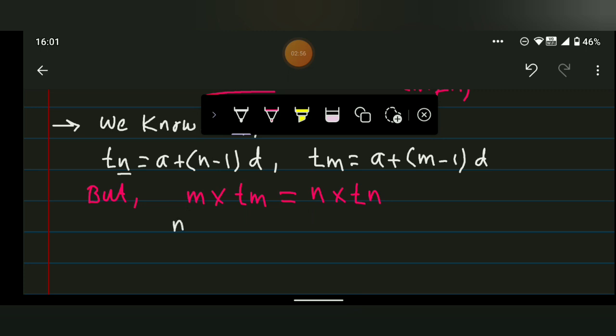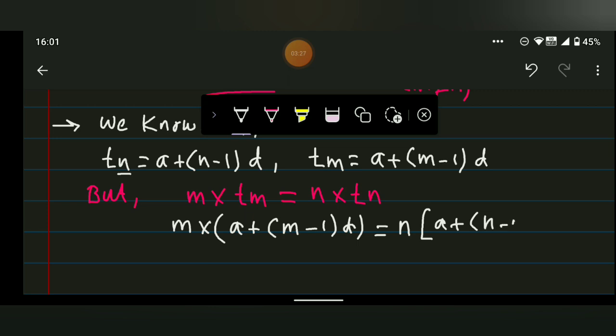We get m multiplied by the mth term, which is a plus m minus 1 into d, exactly equal to n multiplied by the nth term, which is a plus n minus 1 into d. These values are replaced by using the two equations for tm and tn.